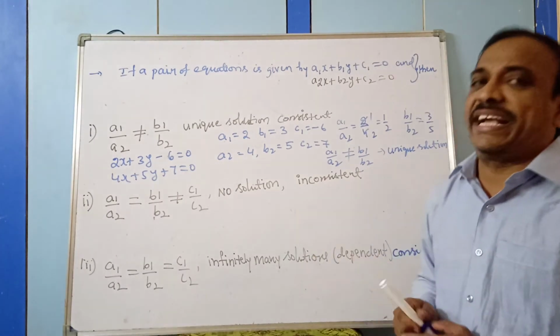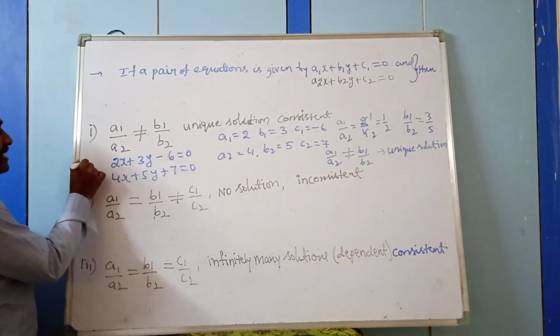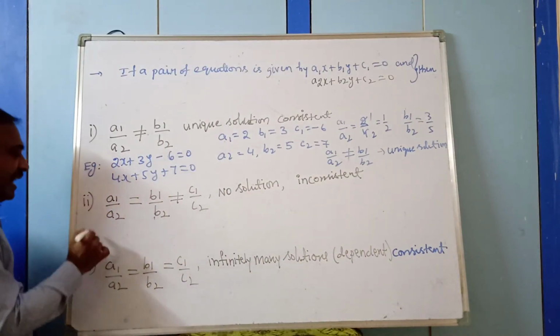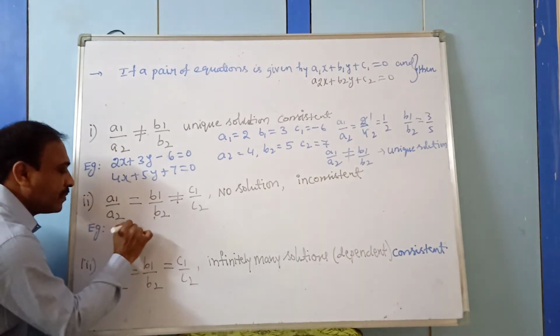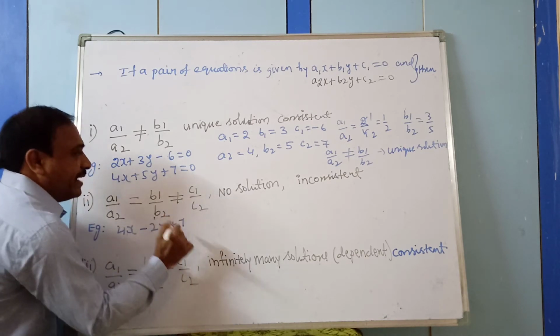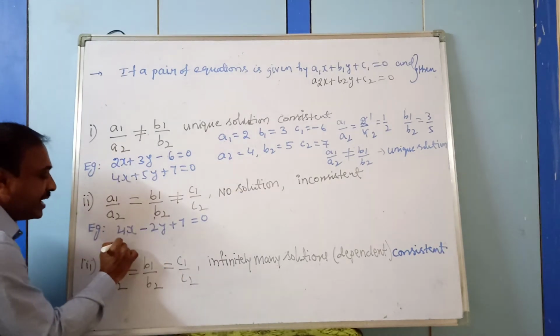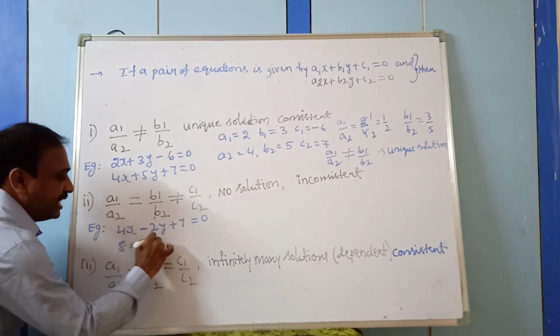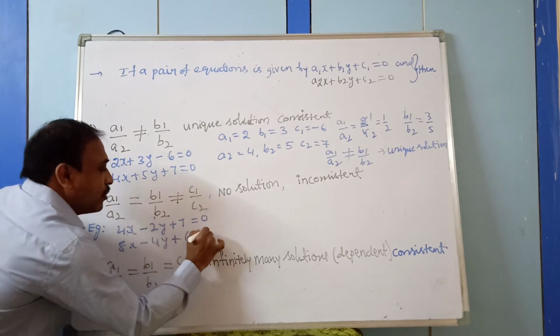Now we see the second example. 4x minus 2y plus 7 equal to 0, and 8x minus 4y plus 6 equal to 0.